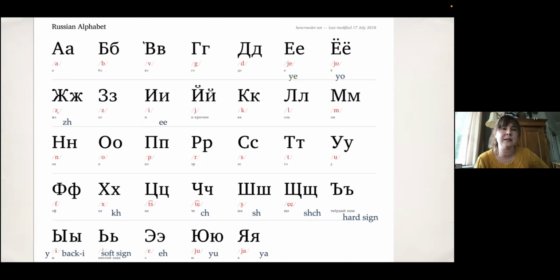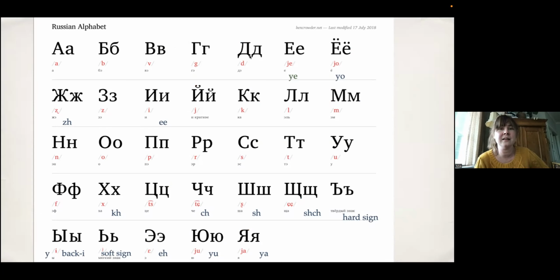Like this one is not a B like in Latin, it's actually a V sound, V. And this is the B that they use, like A, B. But then they have V as a third letter, which is kind of odd, isn't it? A, B, V. Then G, it looks like this.